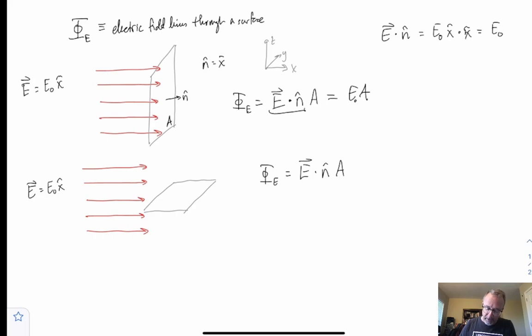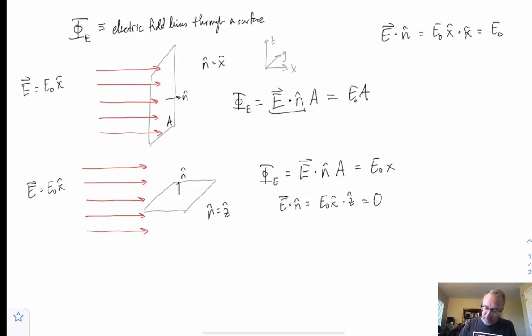The same thing is true here, except now the n hat is in the Z direction: n hat equals z hat. So if I do E dot n hat, I'm doing E0 x hat dot z hat, but x hat dot z hat is 0.